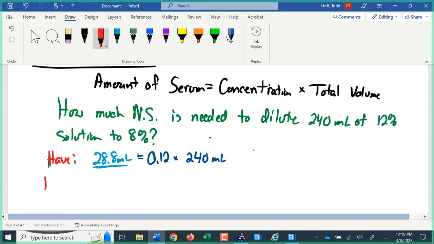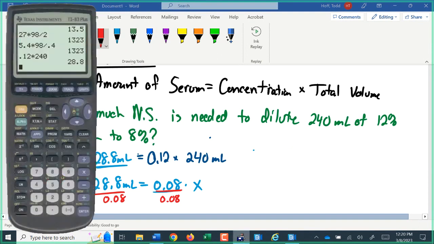Well, we want to keep the 28.8 milliliters. We're not adding any serum here. We're simply adding saline to this. So we want to change this concentration to 8%, so that's 0.08, and we want to figure out what that new volume will be. To find that new volume, we divide by 0.08. I believe that gives us 360.